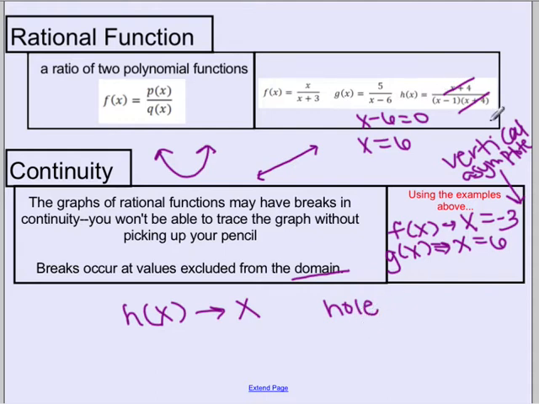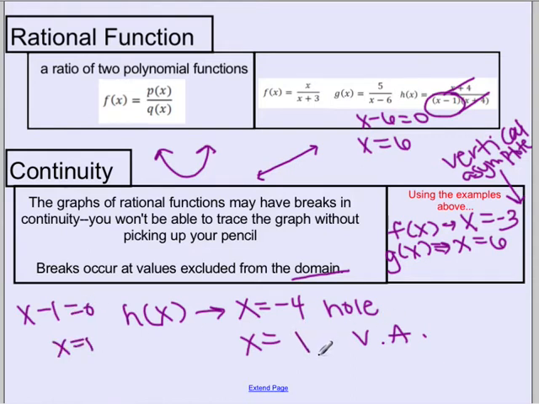It's where those two would equal 0. So if I plug in -4, there's a hole at x equals -4. There is also a vertical asymptote, which I'm going to label VA, and that's going to come from this x minus 1. Where does x minus 1 equal 0? It's when x is equal to 1. So at x equals 1, there's a vertical asymptote.